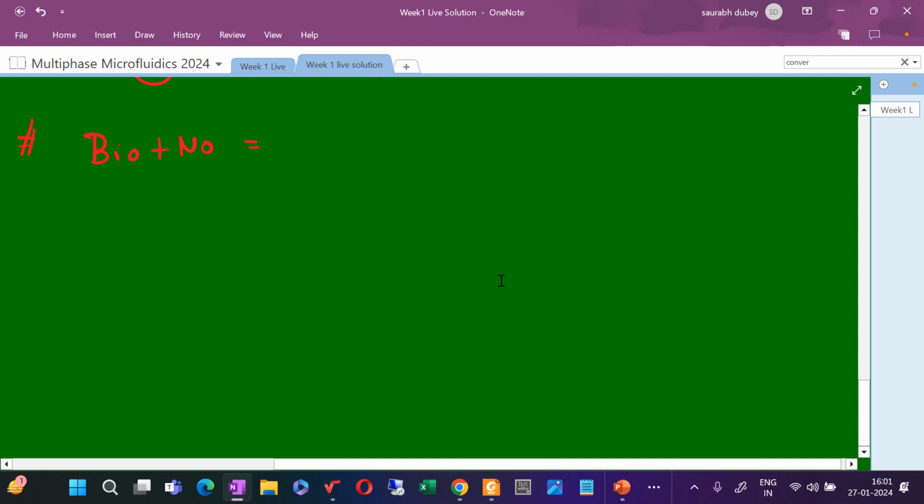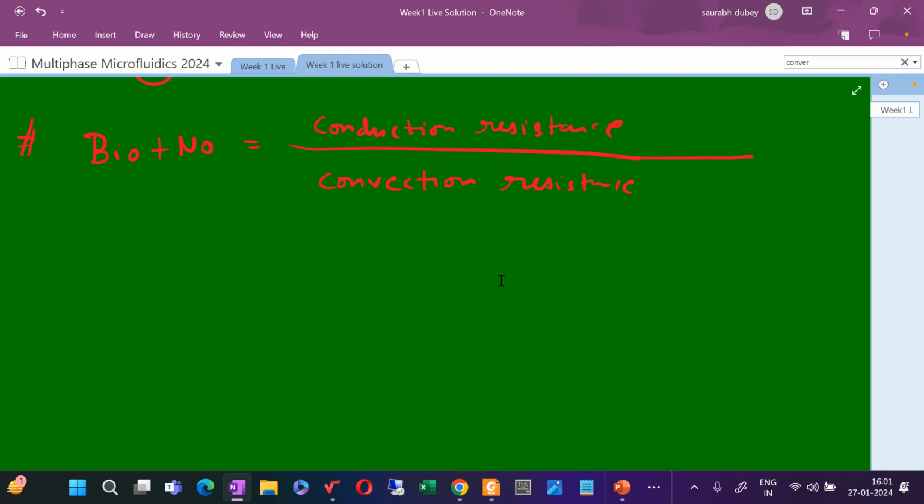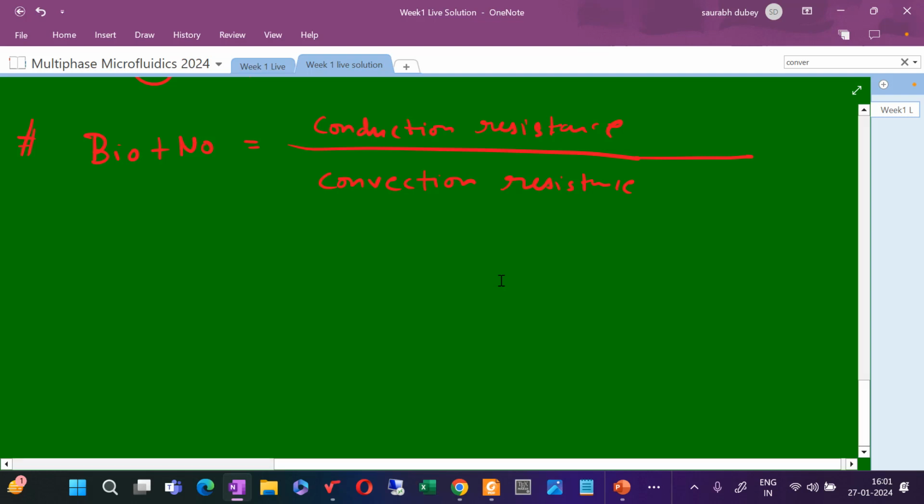The conduction resistance is of the body, meaning the body of some solid, because there will be conduction.